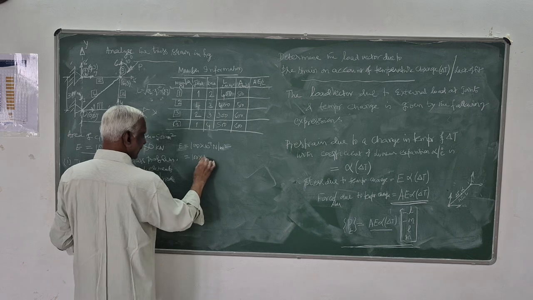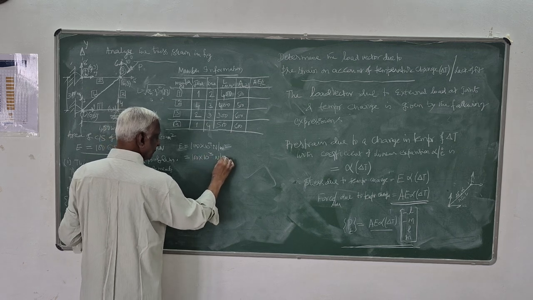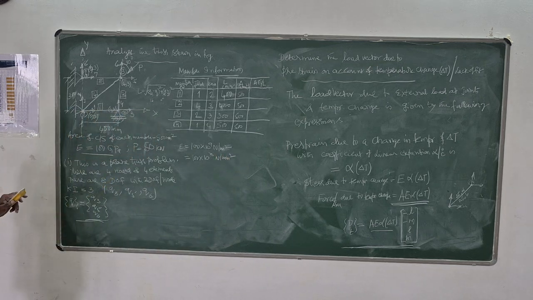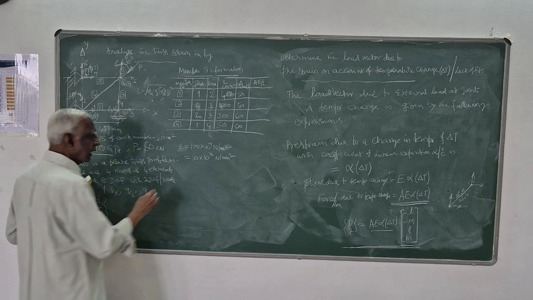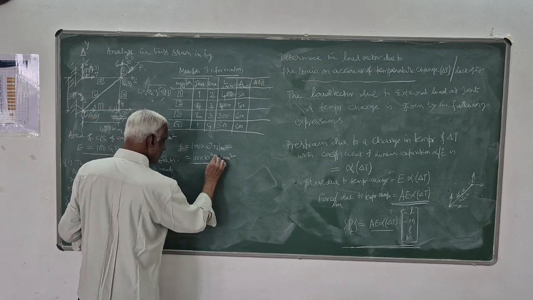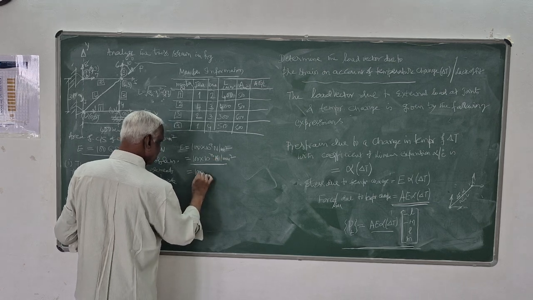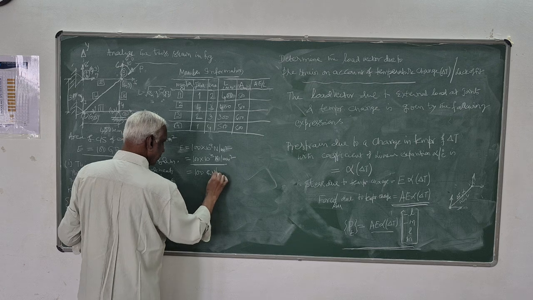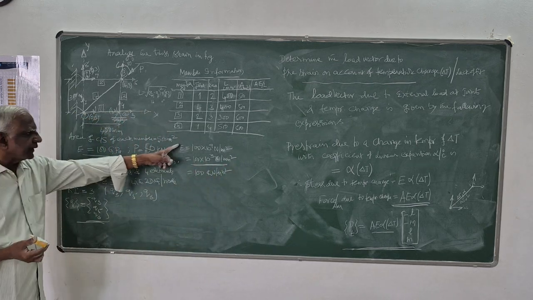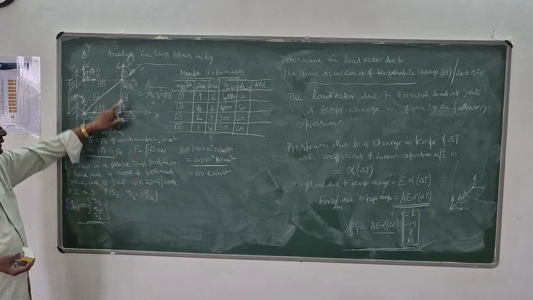Or I can write it as 100 into 10 cube Newton per millimeter square, or this 100 kilonewton per millimeter square.